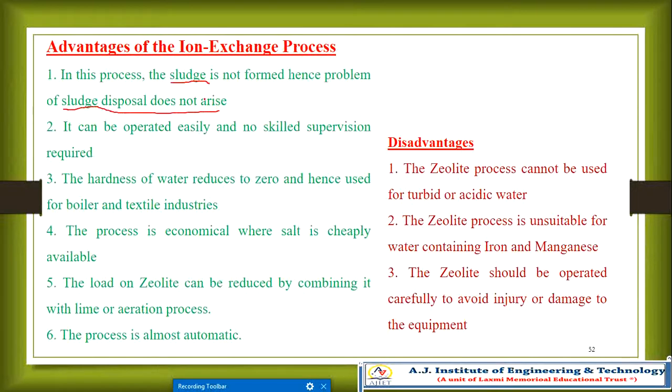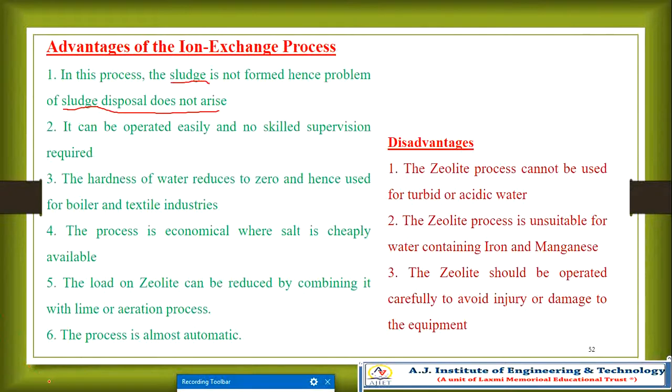Compared with the lime soda process, where the sludge will be more, here the sludge will be less. That is one of the important points.